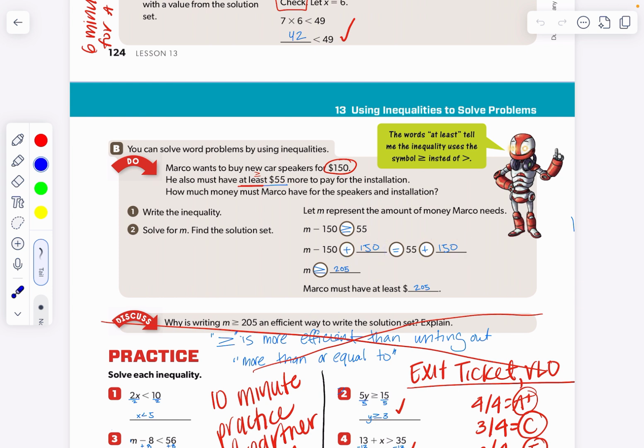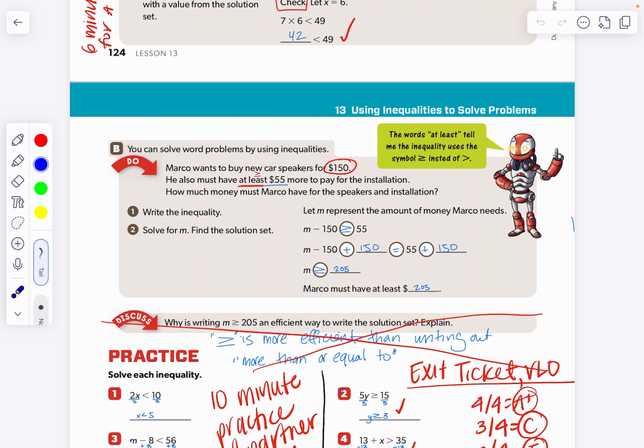So negative 150 plus 150 cancels out, but then 55 plus 150 becomes 205. Now that the variable m is by itself, or in other words, has been isolated, we have the inequality statement of m is greater than or equal to 205. So Marco must have at least $205.